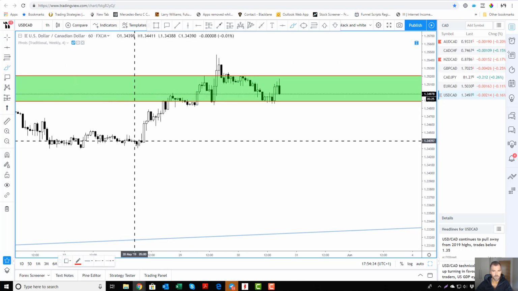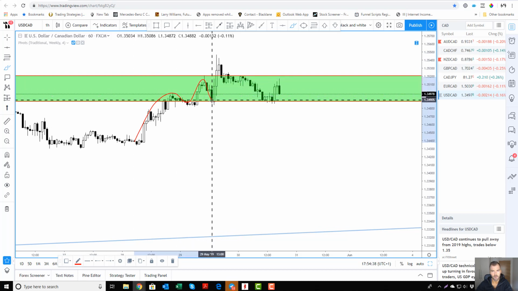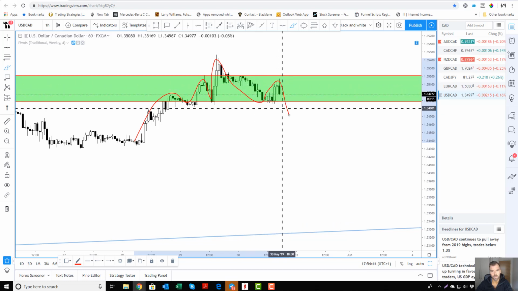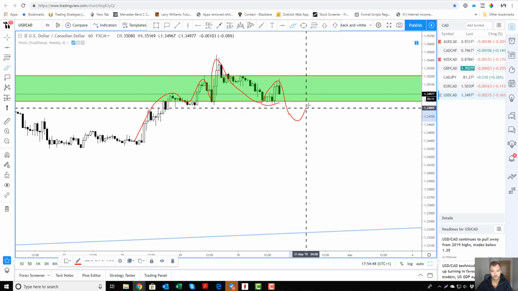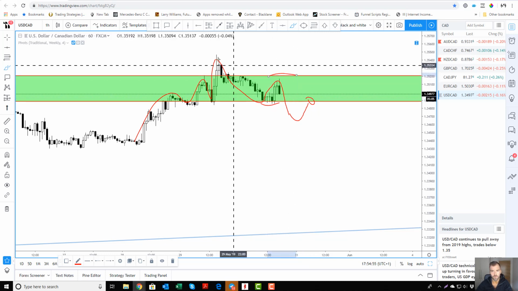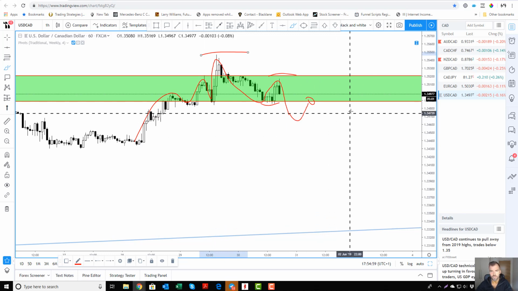Market comes up, creates a high, higher low, higher high, higher low, higher high, and it comes back down, same low, potentially lower high. If we break through this low point here, then the head and shoulders is completed, and we can look to use either price action at this point or sell limits, and then depending how aggressive you are, you can put stops here or here. And that's pretty much about it.